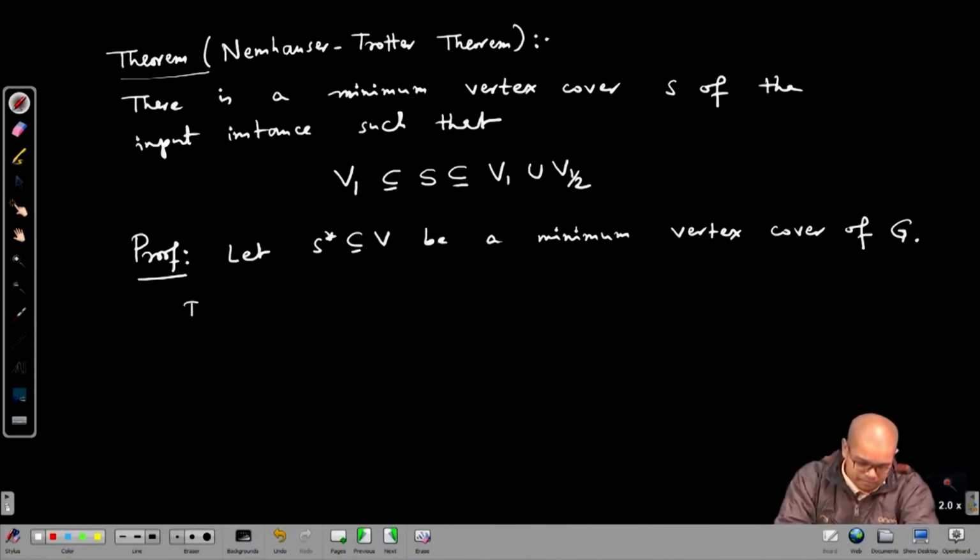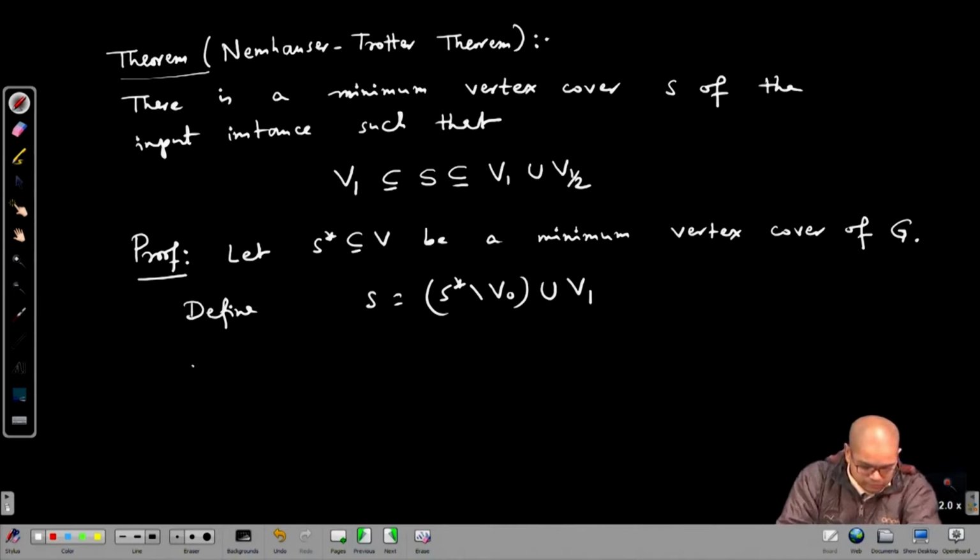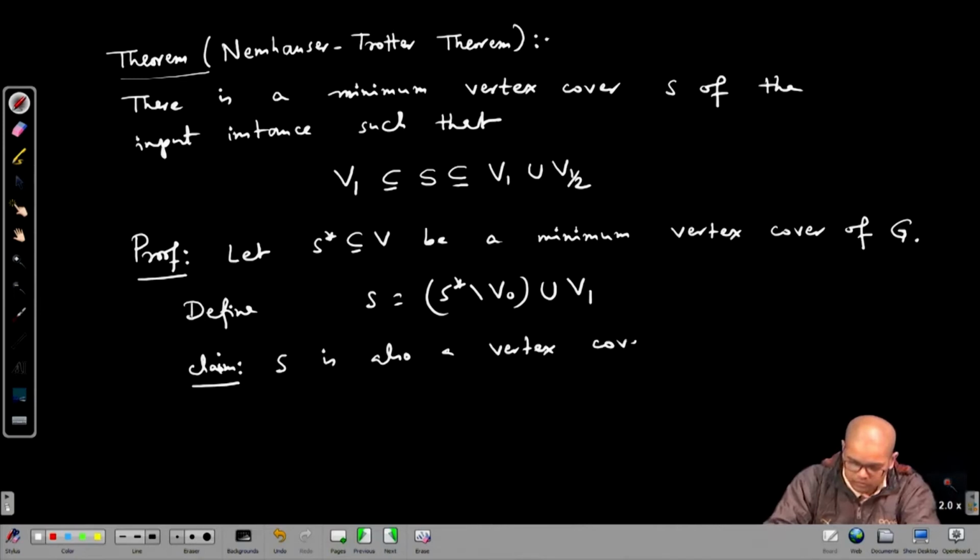So, define S equal to A star minus V0, union V1. Claim: S is also a vertex cover. Why? This is the proof.